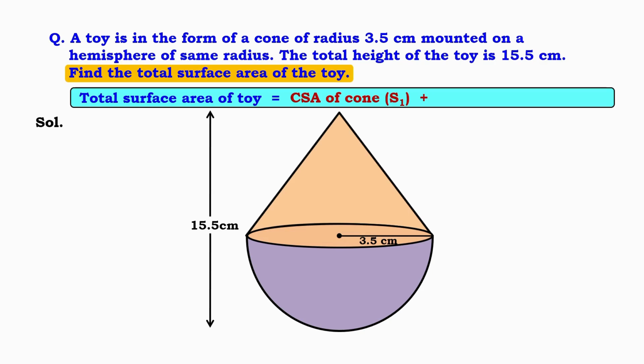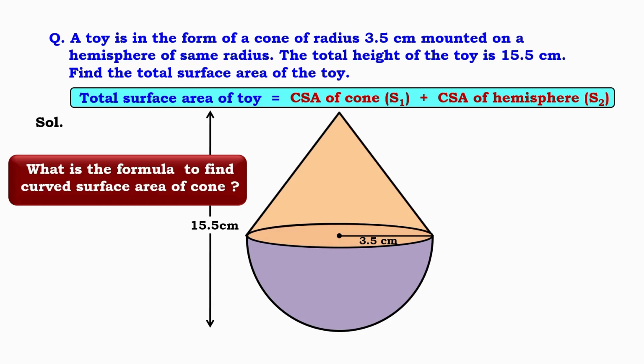So total surface area means the outside part. The outside part is the curved surface area of the cone and the curved surface area of the hemisphere, because we do not consider the base over here, since the base is inside and not visible. So the surface area we have to consider is the CSA of the cone and the CSA of the hemisphere.